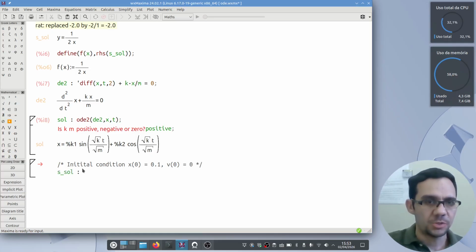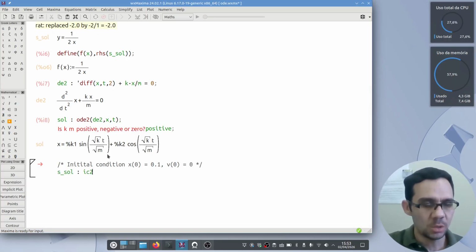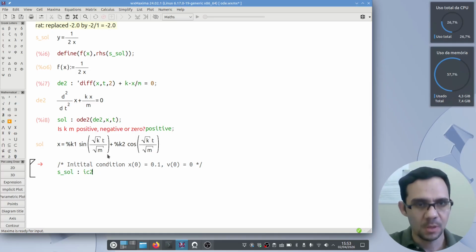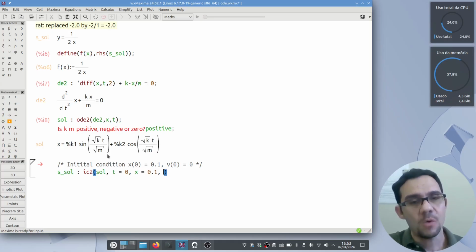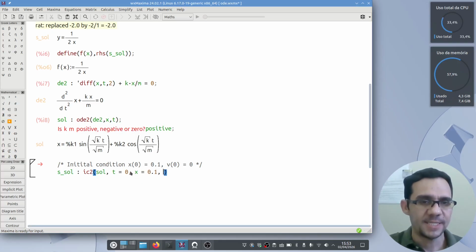So the specific solution is going to be as follows. Now we have to use IC2, since this is a second order problem. We have to tell IC2 what the general solution is. I called it so. We have to tell it the value of t, the value of x when t equals 0, and now we also have to tell it the value of the derivative of x when t is 0.